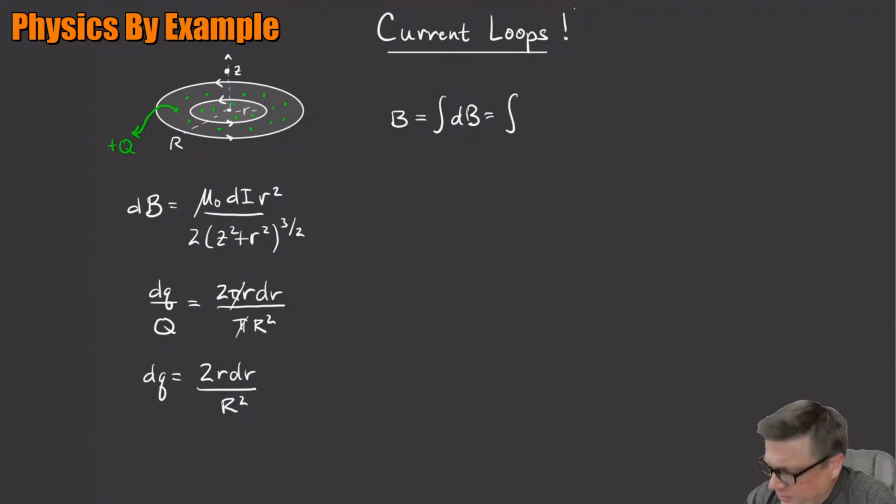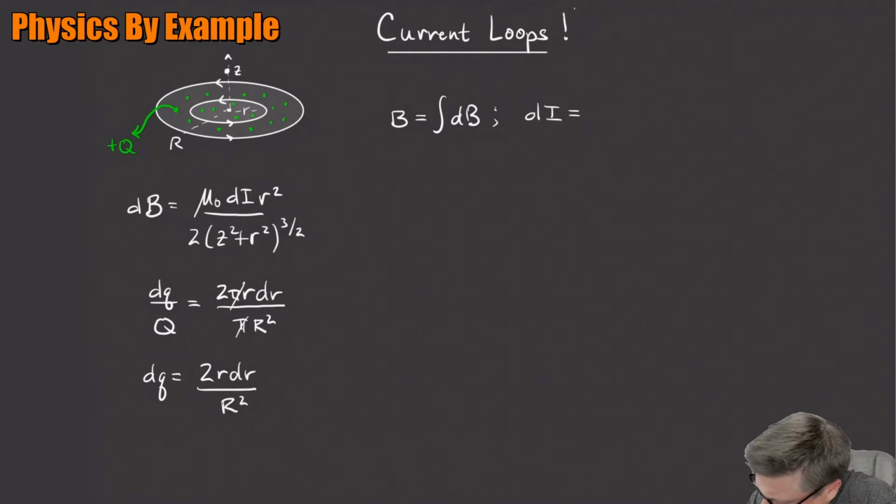Let's say a little bit of current. What is current? Current is just a little bit of charge that goes by in a unit time, charge per unit time. How much charge goes by in a certain amount of time, the period T?